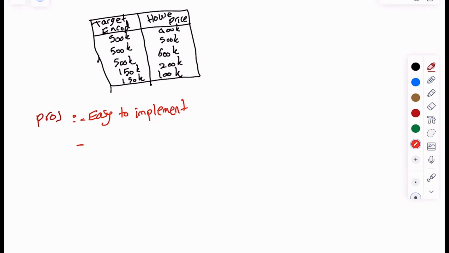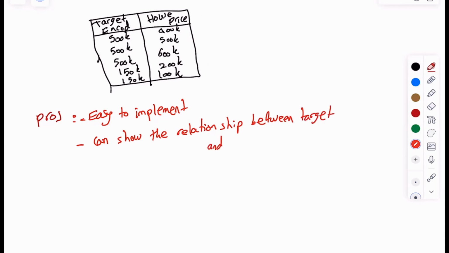It can relate or show the relationship between target and feature directly, which is good, right?